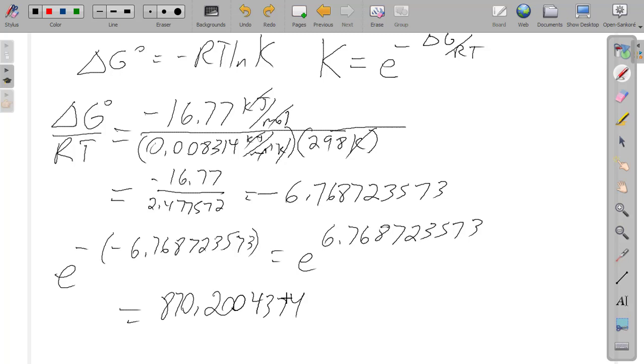And so e to that value gives us 870.2004374. And so now we've got to figure out the last step, always, of significant digits. The only one usable here is the delta G value, and that's 4 significant digits.